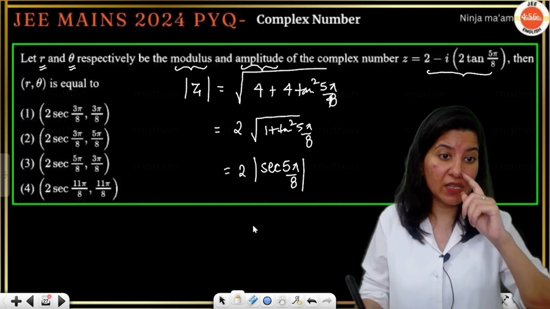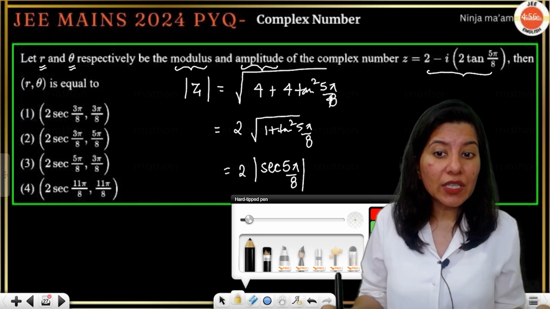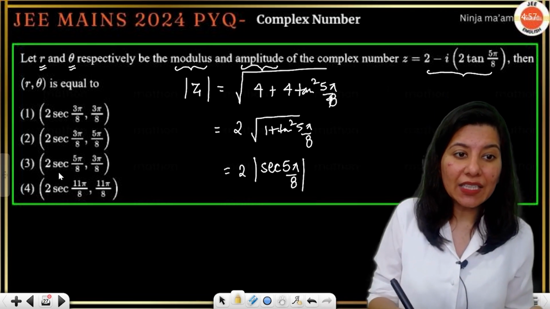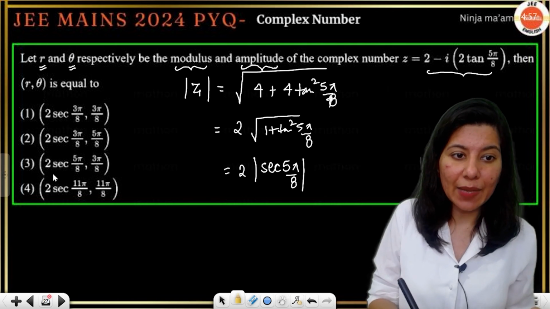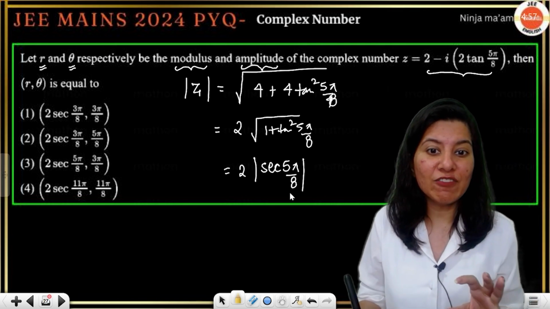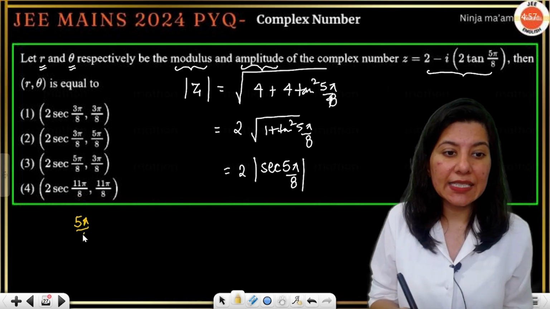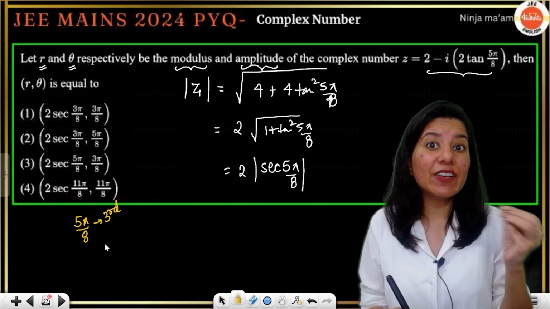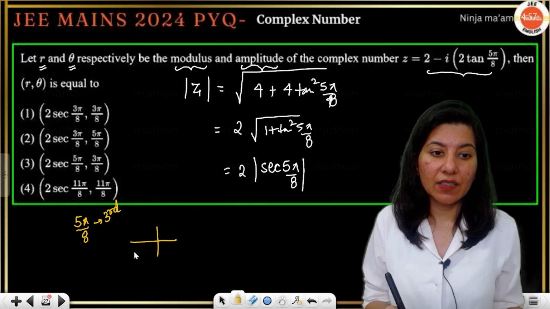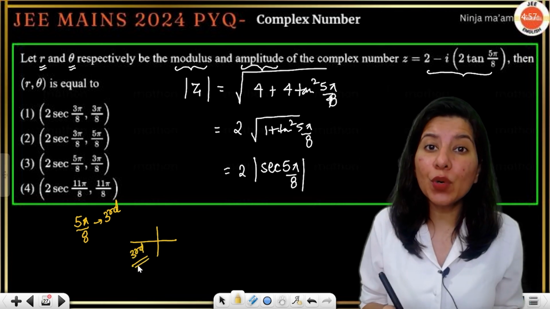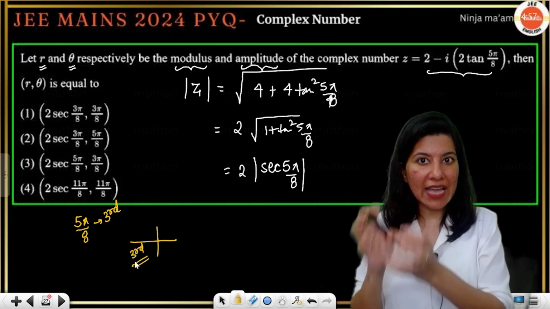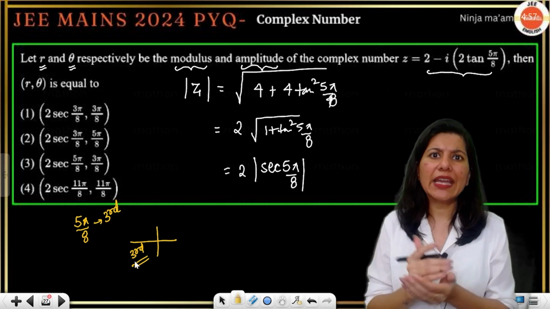Mod is there, okay? Now, if you do not consider the mod, then you might feel that, okay, option C is absolutely right. But understand, 5 pi by 8 is lying in third quadrant. Sec 5 pi by 8 will be a negative quantity. Sec of an angle which is in third quadrant is negative.